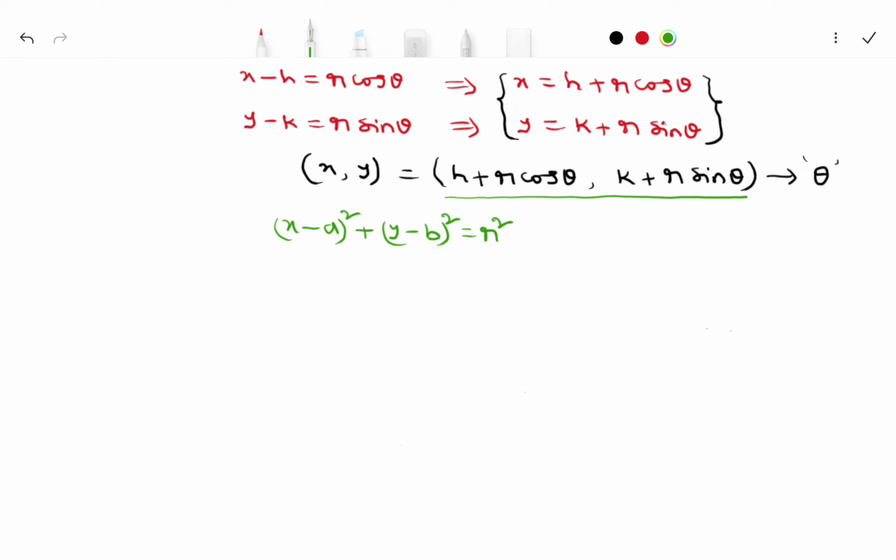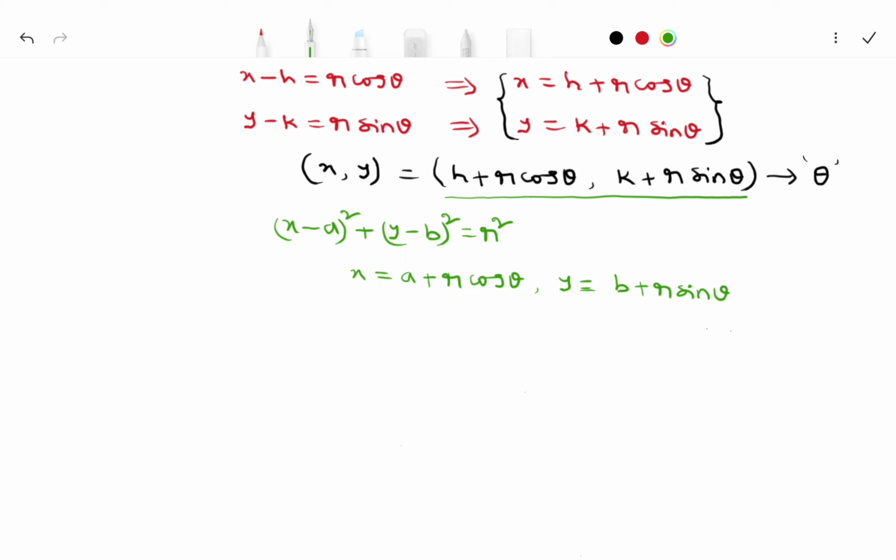The parametric equations will be x equals a plus r cos theta, y equals b plus r sin theta. If you know the parametric equations, obviously you can write the parametric point also.